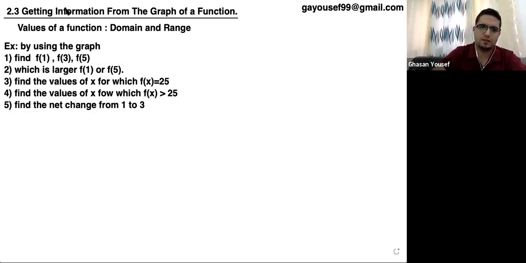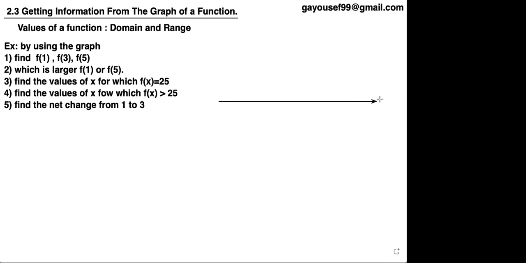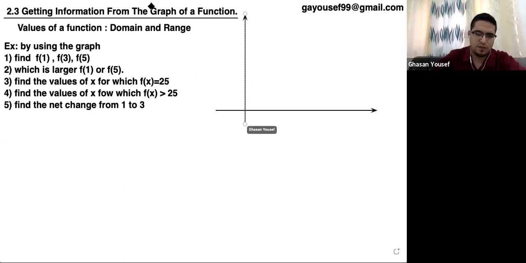The graph of this function looks like this. This is my x-axis and this is my y-axis. The x values go 1, 2, 3, 4, 5, 6.